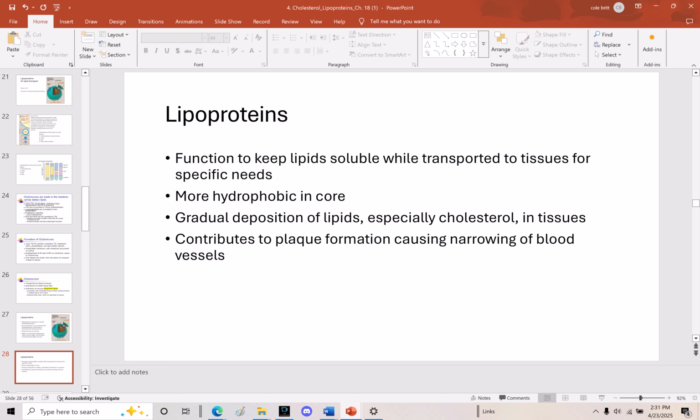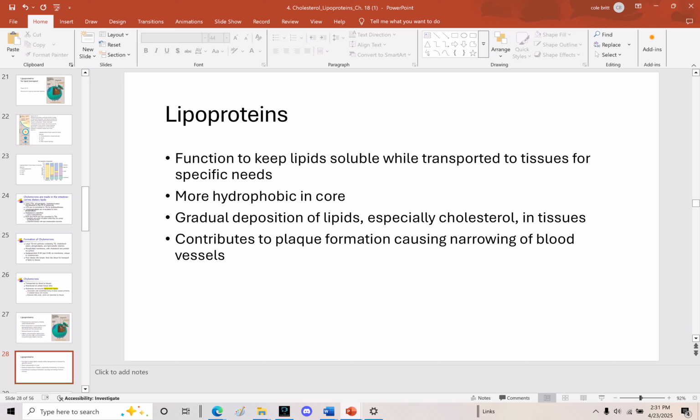And plaques tend to be fatty, there's calcium that can stick to it, so a lot of things can stick to these plaques. And when these plaques accumulate in your arteries, then that's what can cause heart disease, risk for stroke. So lipoproteins will accidentally drop some stuff off, and that will start clogging your arteries.